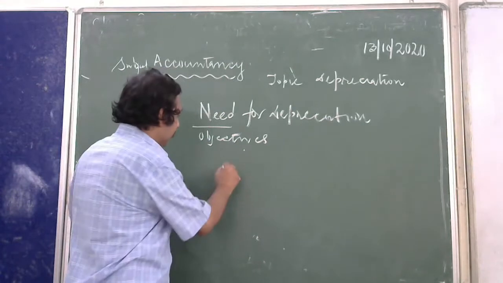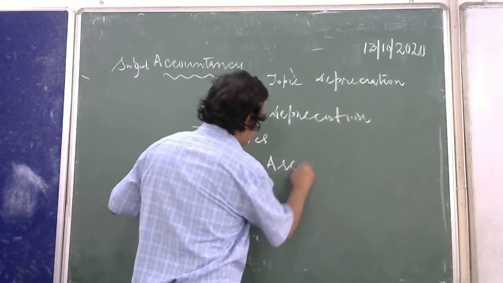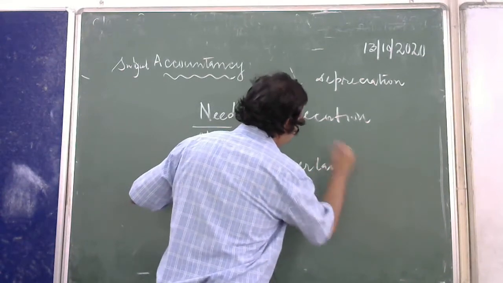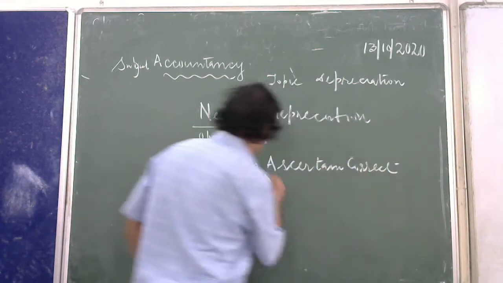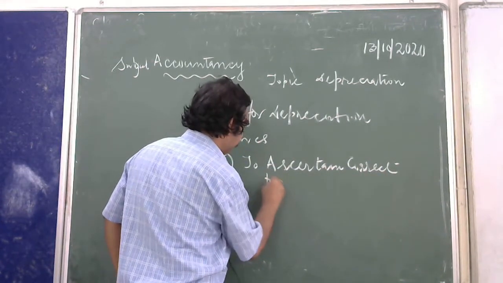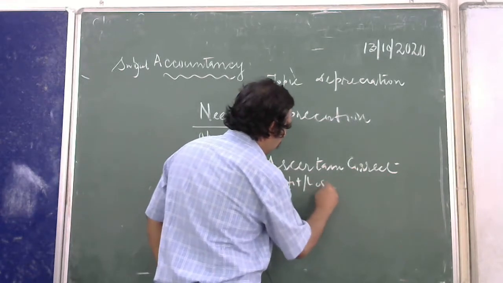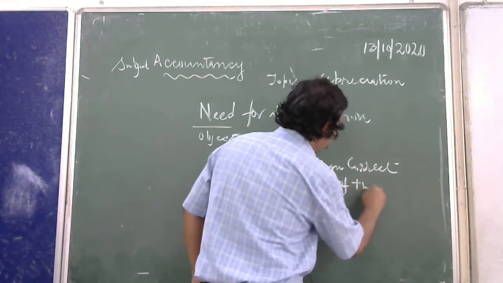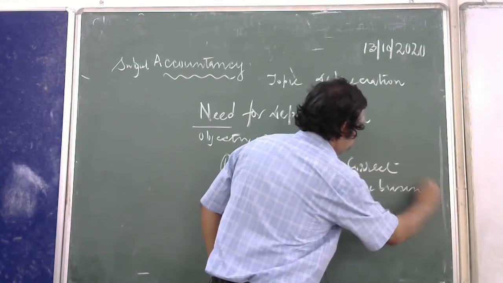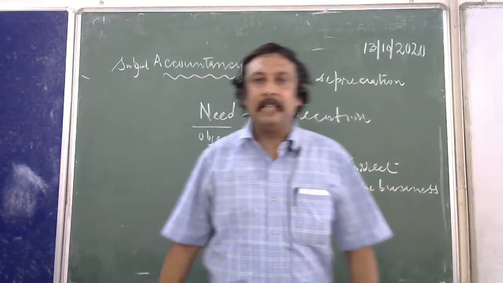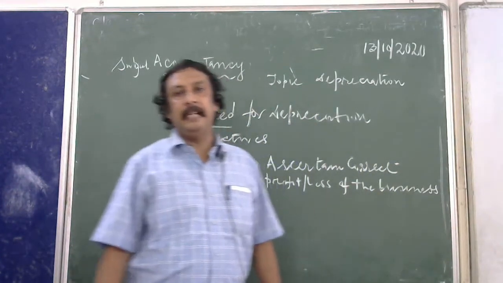Now, firstly, to ascertain the correct profit of the business, to ascertain the correct profit or loss of the business. So students, as you know, depreciation is a charge against the profit.